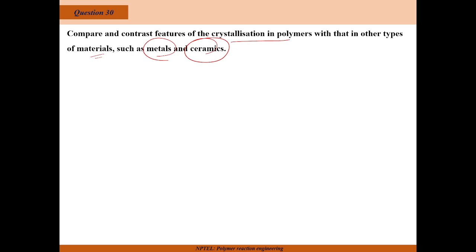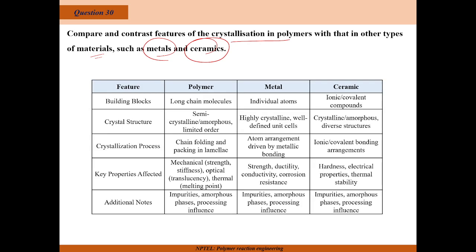Also, the crystallinity of polymers can be destroyed much faster than that of metals and ceramics, because polymers are more prone to degradation if we increase the temperature. That also depends on what kind of metals, but we are talking in a much general manner. So yeah, that is the case.